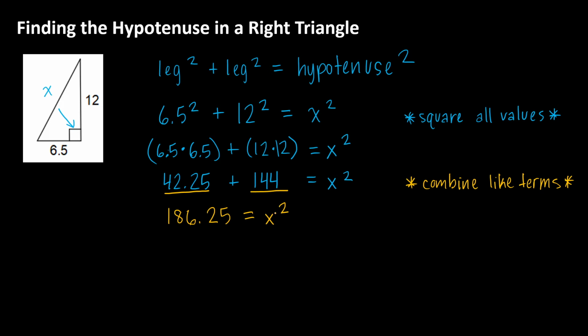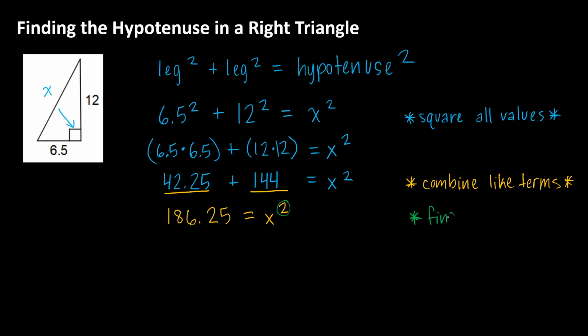an equation where x is squared, we need to use the inverse operation of squaring something. So in this case, we are taking the square root of both sides. The inverse operation of squaring something is taking the square root.